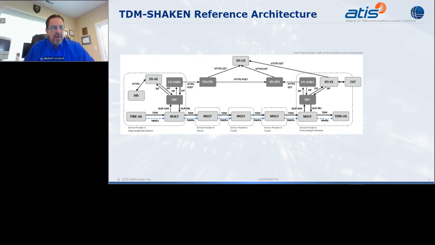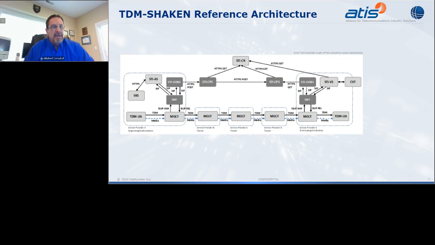But if you were to compare these two back and forth, you'd find that the new pieces that have been added for TDM are the pieces in dark gray. And you'll see three of them on each side of this picture. The left side is the originating and the right side is the terminating. Of that bunch, the two that are really critical include the piece you see called STI-CPS. And STI-CPS stands for Call Placement Service.